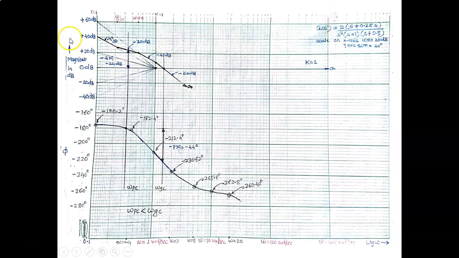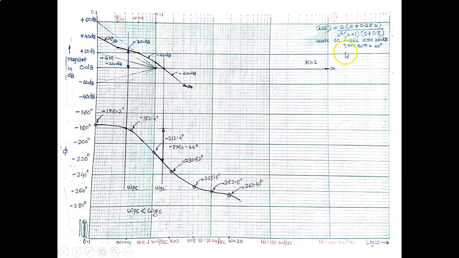Therefore this is our semi-log paper. Once again, write down the equation on the semi-log paper: G of s is equal to 2 into (s plus 0.25) divided by s square into (1 plus s) into (s plus 0.25). Scale on the x axis: 1 centimeter.